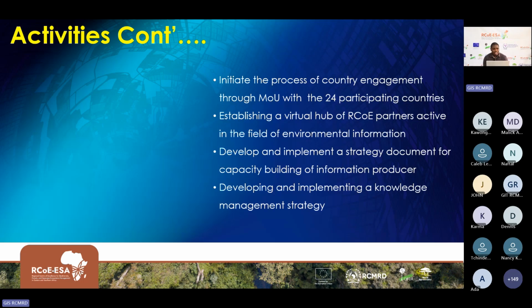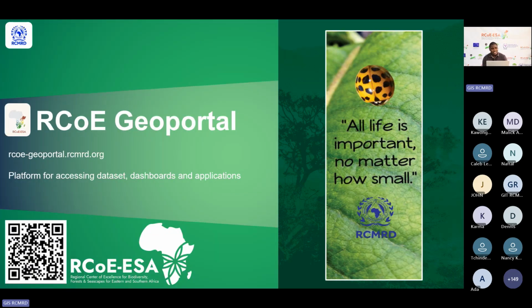Among the different products that we've already brought up and are utilizing is the RCOE geoportal. This is where you can access data sets, dashboards and applications. While we're doing the training, you will be referred most of the time to the geoportal, where you use data sets to do some calculations or some mapping. So that's one product that you'll be using continuously.